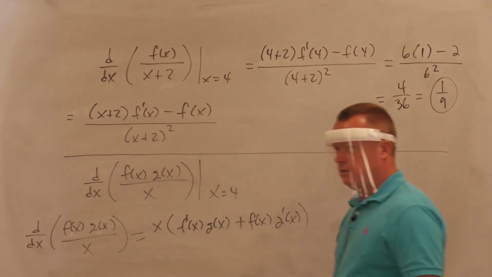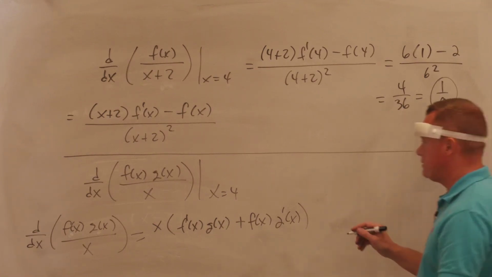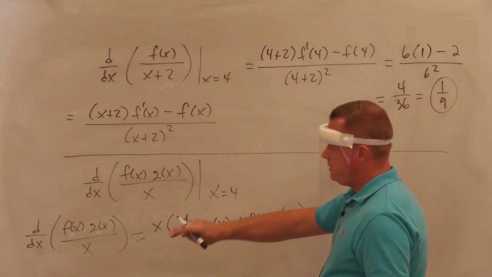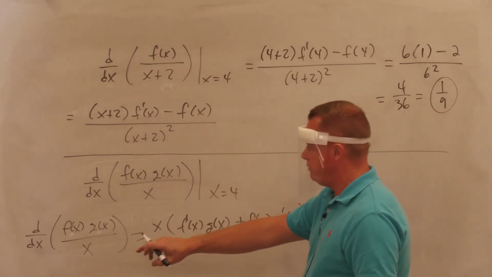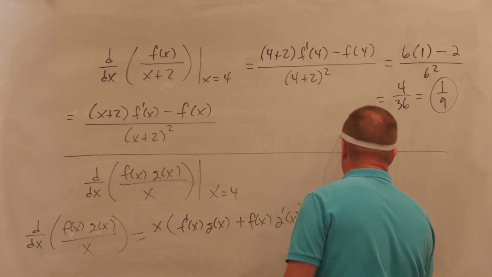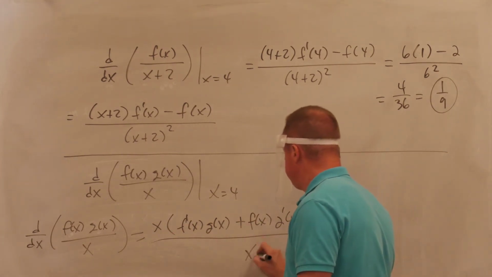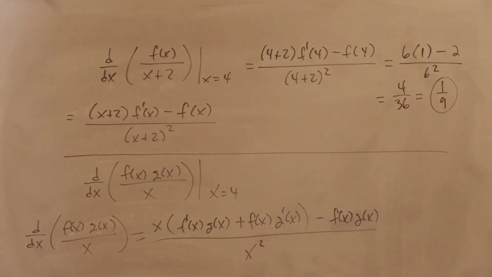Okay? Now, what have I done? I've done the bottom times derivative of the top. Still got to do minus the top times derivative of the bottom. Okay? Derivative of x is 1. So that's just going to be f of x times g of x over the bottom squared. Okay?